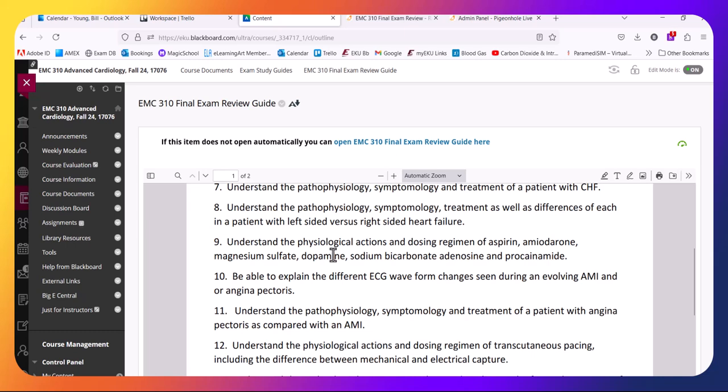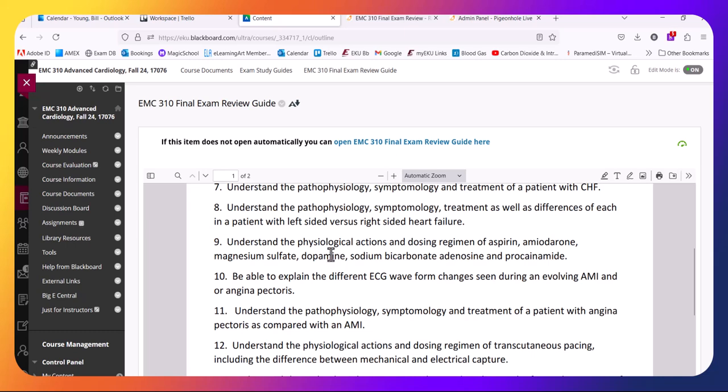How long does it take for mag to set in? I'm going to have to look. I don't remember the onset of mag. It's relatively quick as far as a smooth muscle relaxant, because we can give it to patients that are in status asthmaticus, so I would say it's probably going to be in a matter of just a few minutes.